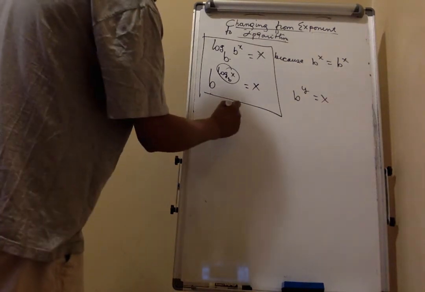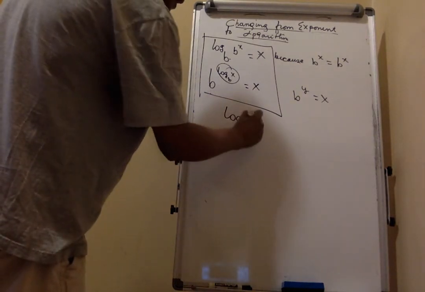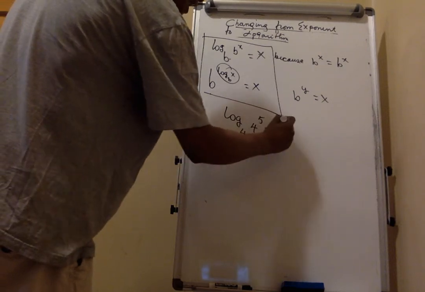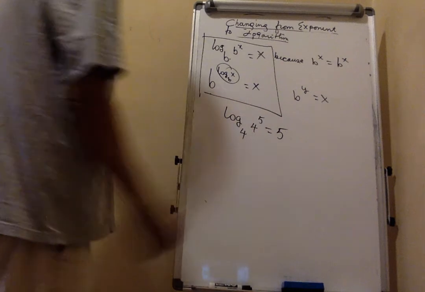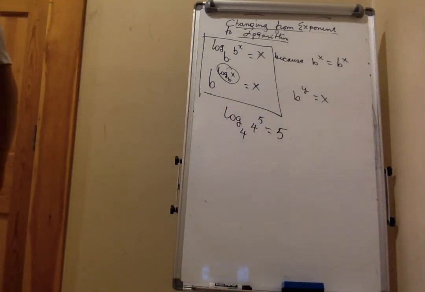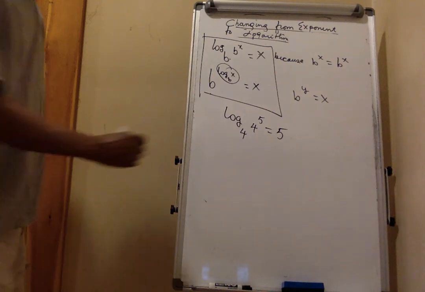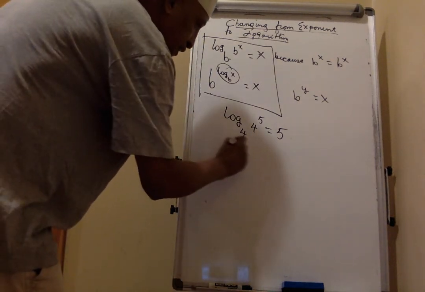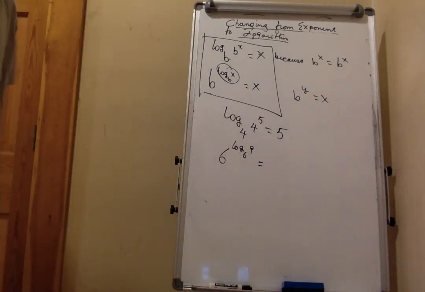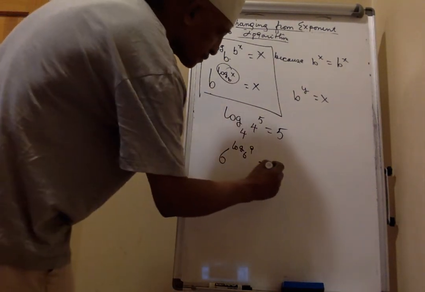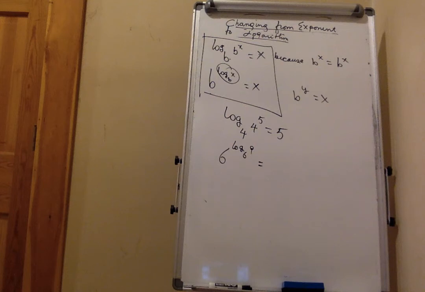So if you have log base 4 of 4 raised to the power of 5 is the same as 5. And 6 to the log base 6 of 9 is 9. Right? 6 to the log base 6 of 9.